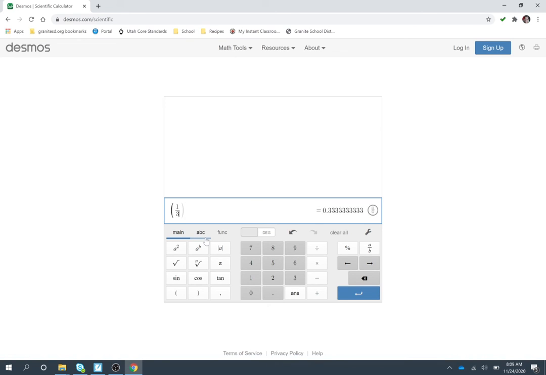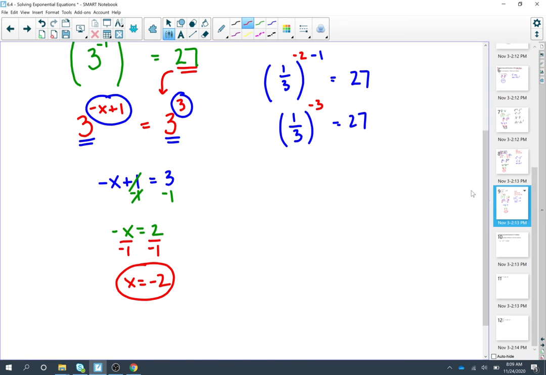So 1/3 to the power of, what did we say, negative 3? And then look at that, it's 27. So 27 equals 27, and we're good. Okay, moral of the story, always check your answer because even the teacher screws up.